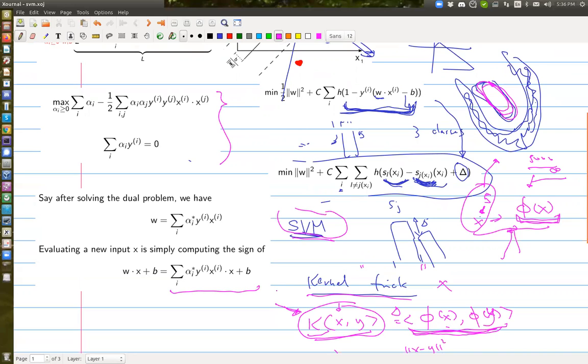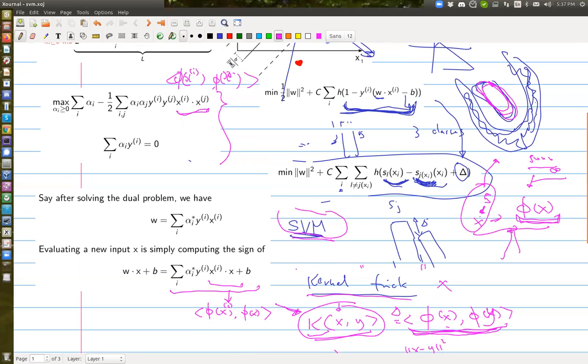The only thing that changes is that there's an inner product here. Instead of processing in the original space, we project to a really high dimensional space, so we consider phi(xi) and phi(xj) instead, the inner product of these. And when I evaluate that, this one will be replaced by phi(xi) and phi(x).